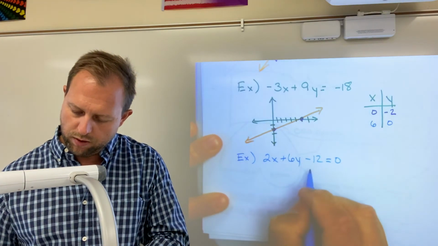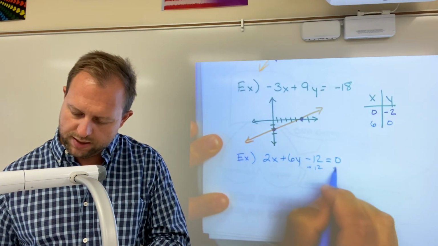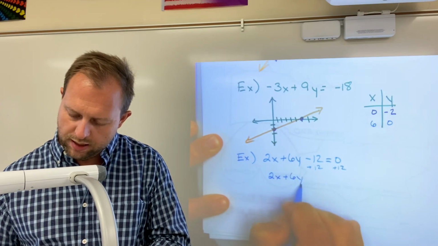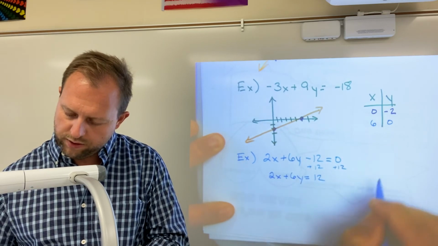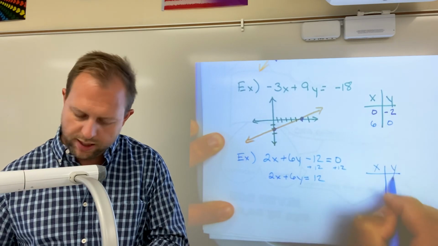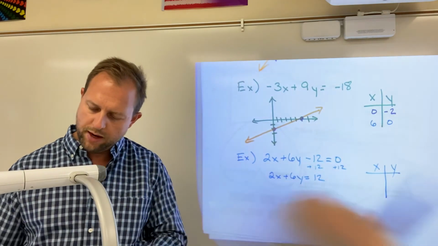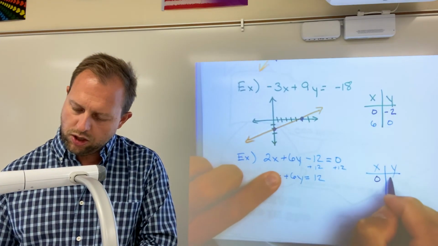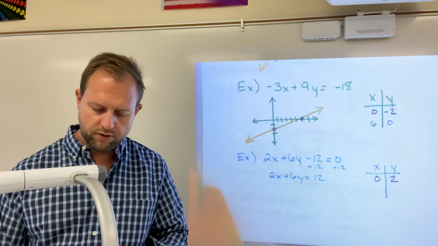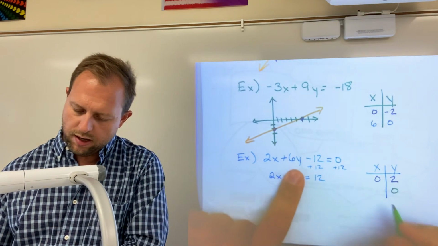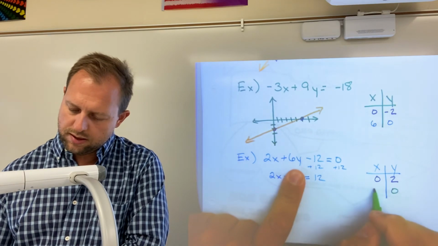So to do that, we're going to add the 12 to both sides. 2x plus 6y equals 12. And now we can create our x, y table. If I put a 0 in for x, 6 times 2 gives me 12. If I put a 0 in for y, 2 times 6 gives me 12.